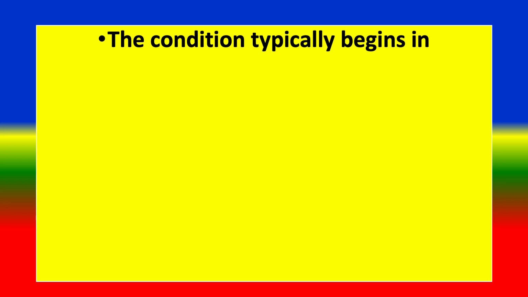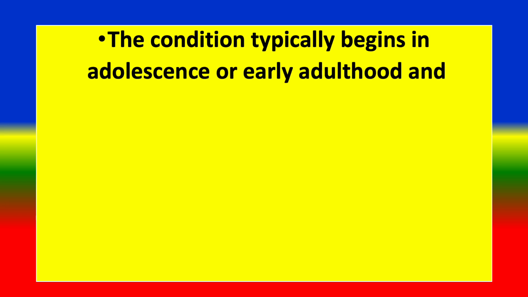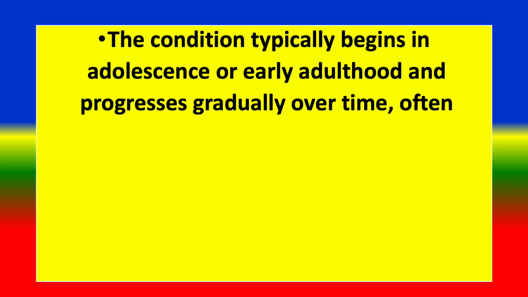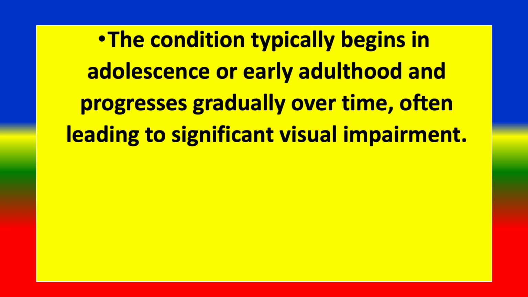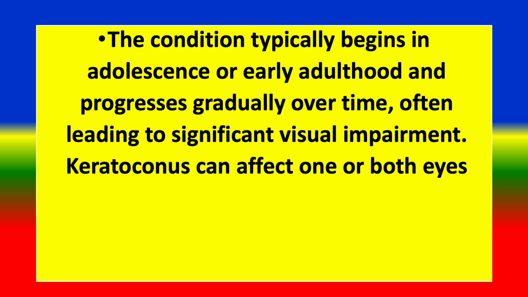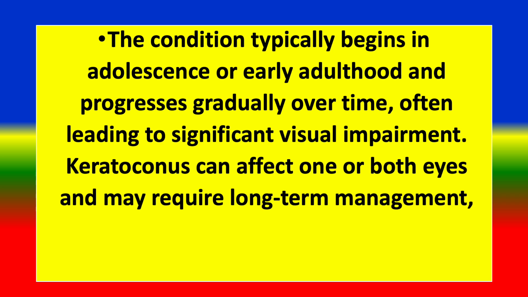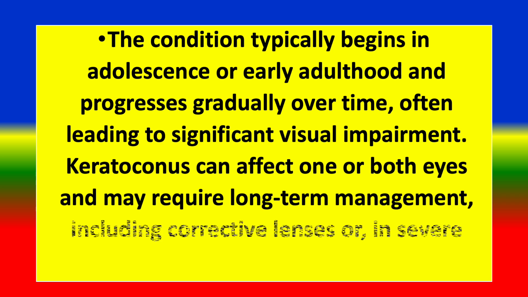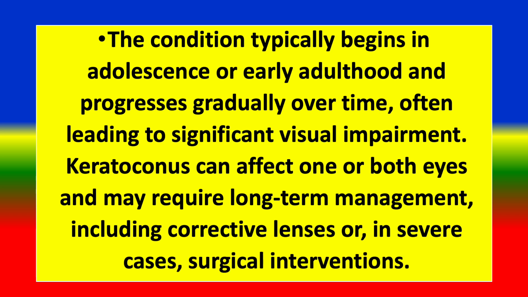This condition typically begins in adolescence or early adulthood and progresses gradually over time, often leading to significant visual impairment. Keratoconus can affect one or both eyes and may require long-term management, including corrective lenses or, in severe cases, surgical interventions.